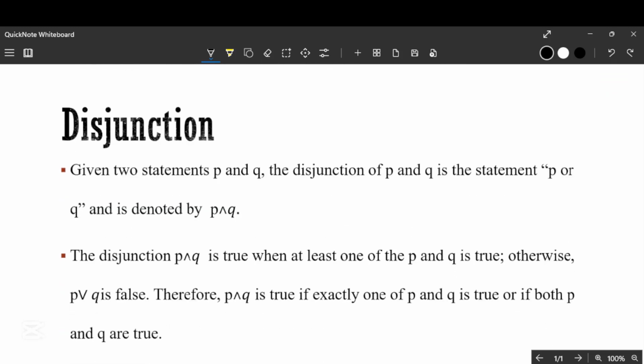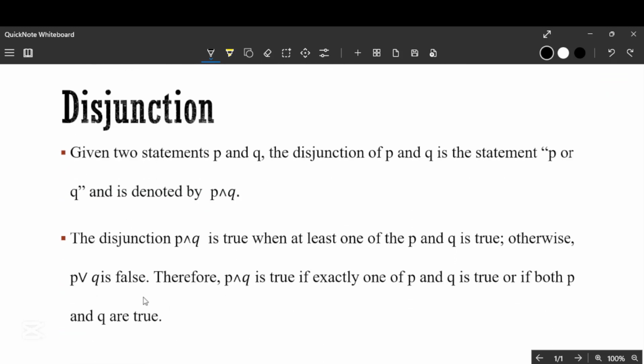Now let's look at disjunction. Given two statements P and Q, the disjunction is written as P or Q, and it is noted by this symbol. The disjunction P ∨ Q is true when at least one of P and Q is true. So if one of the statements is true, then it is true, otherwise P ∨ Q is false.